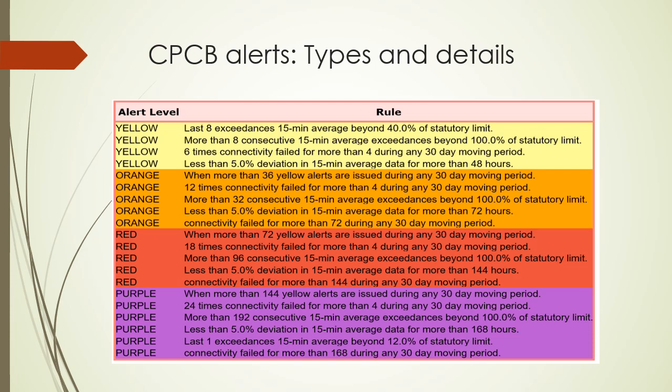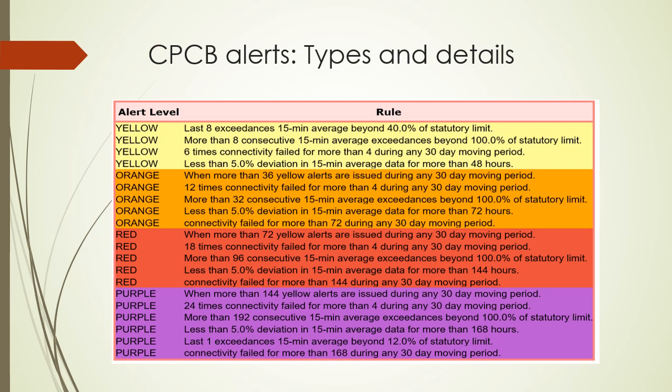The first one is 8 exceedances that can happen at any time throughout the day, for a 15-minute average, but 8 exceedances. However, the second point is about 8 consecutive 15-minute averages. That means 8 times, one after the other, it has stayed at 100, that is COD is 100, which is 100% of the statutory limit. In that case, we will get an escalation from CPCB as a non-compliance or as an alert.